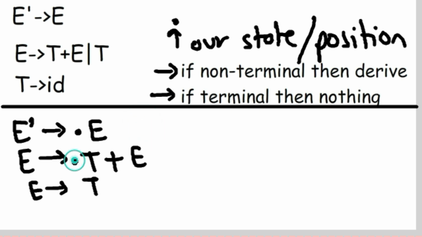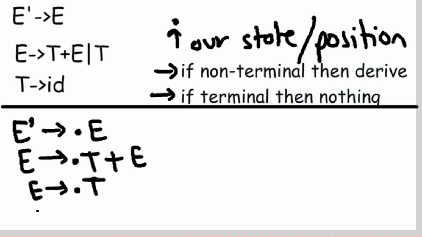And then we have to add a dot here and add a dot here, because whenever we are starting from the leftmost derivation. Now this dot is with this T and this dot is with this T. Is this a non-terminal? Yes, it's a non-terminal. Is this a non-terminal? Yes, it's a non-terminal. If there is a non-terminal, then derive it.